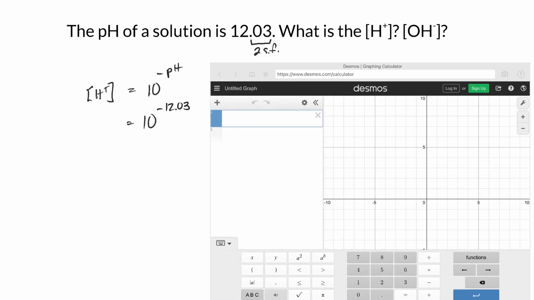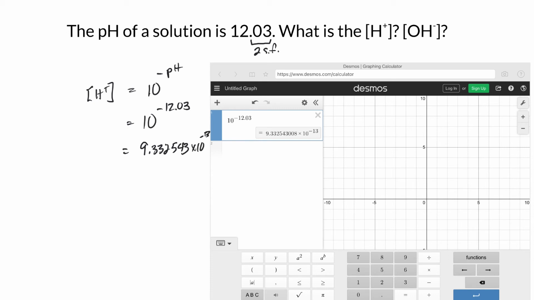So I have to go 10 to the negative 12.03. There we go. Okay, so my concentration is 9.332543, etc., times 10 to the minus 13th.